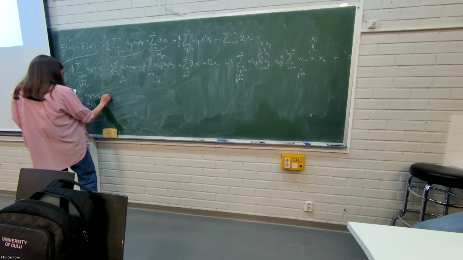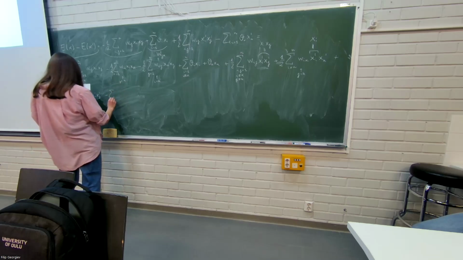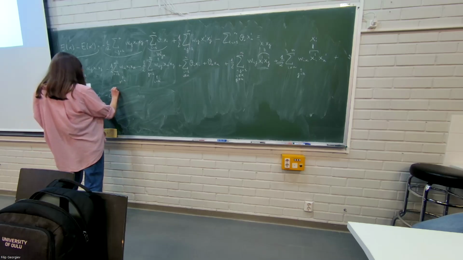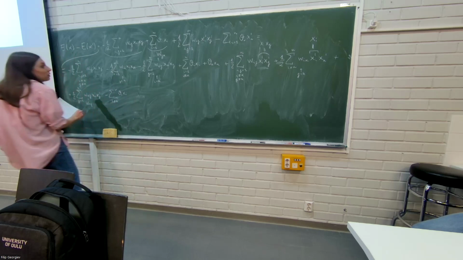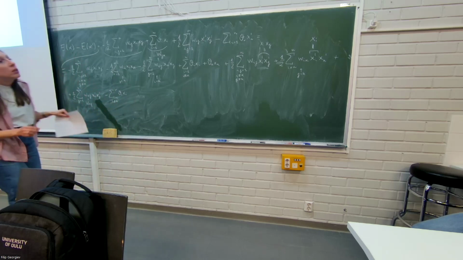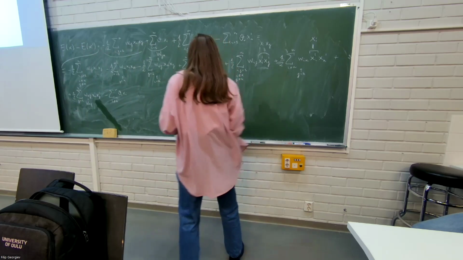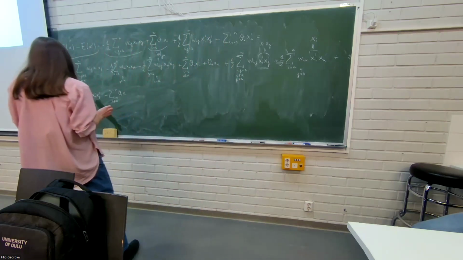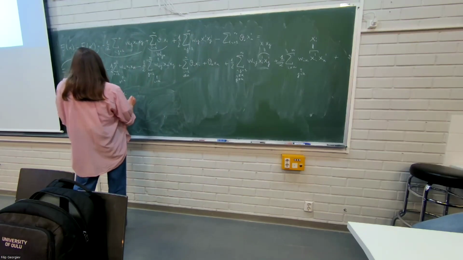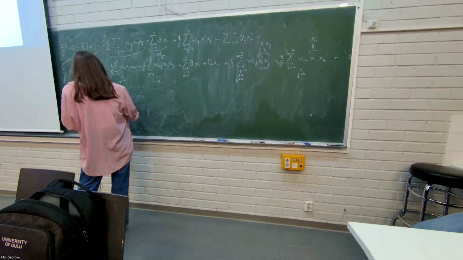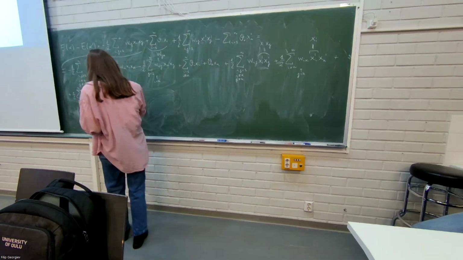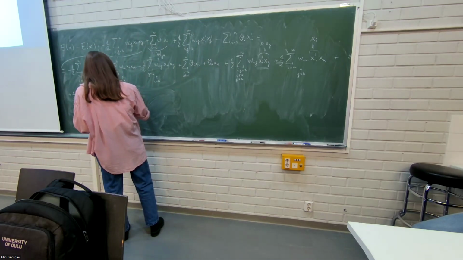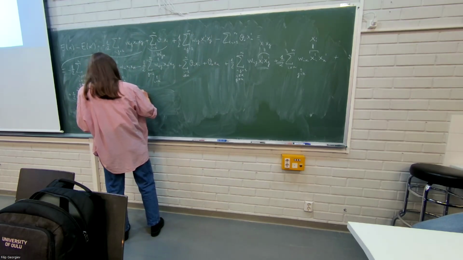Then I split again the sum of the last term. Theta i xi for i different from k, this is equal to xi, minus theta k x prime k.